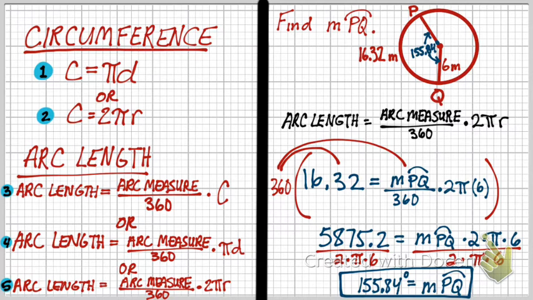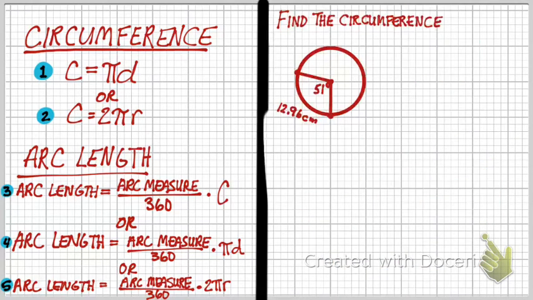So if I have an arc length of 16.32 meters and the circle has a radius of 6, that arc measure, or that central angle, will have a measure of 155.84 degrees.